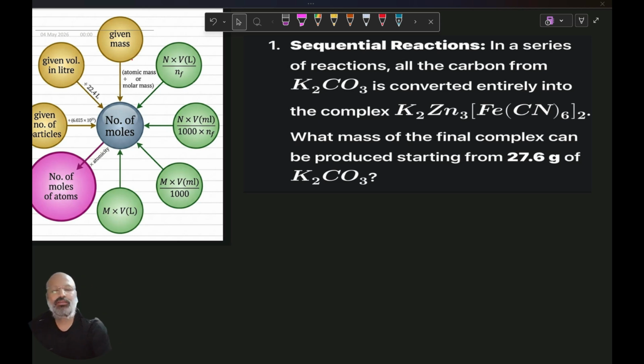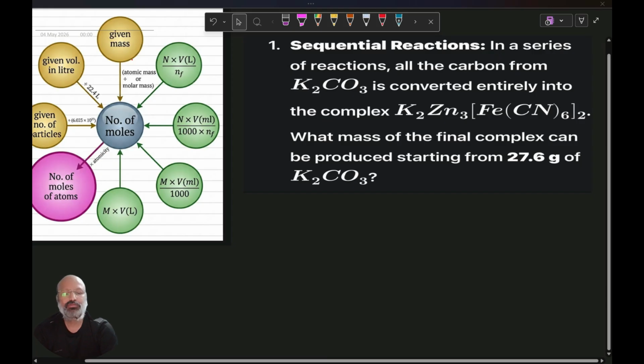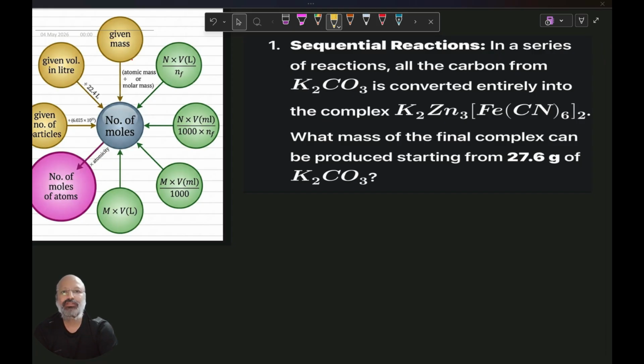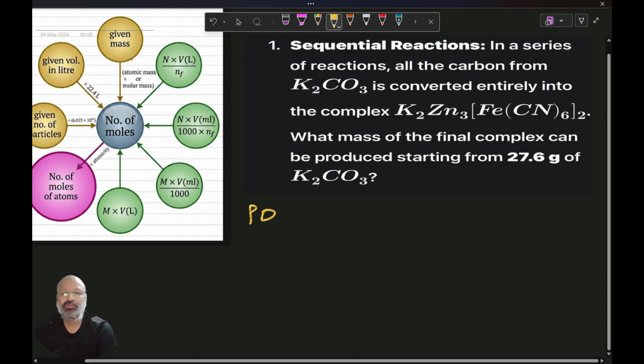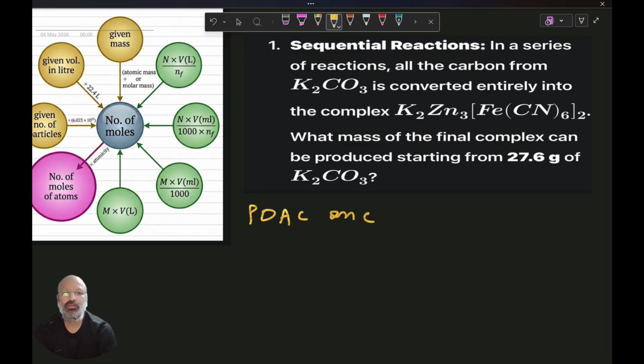So again, applying the principle of conservation of atoms on carbon, we can easily calculate that.